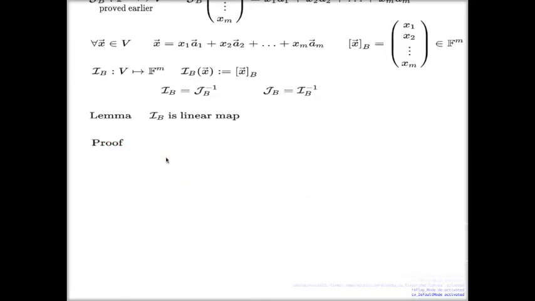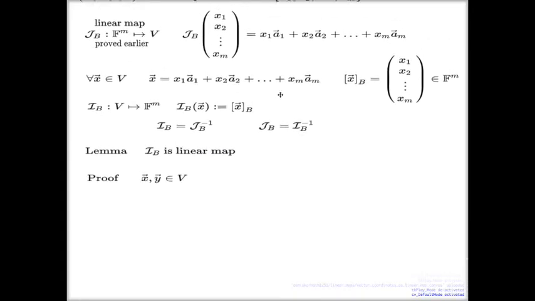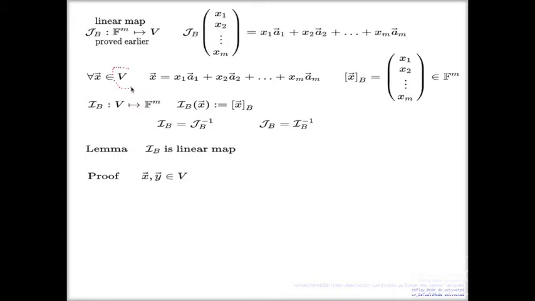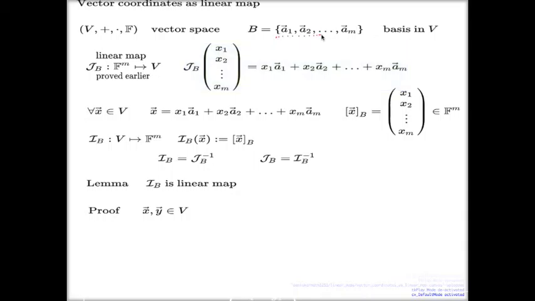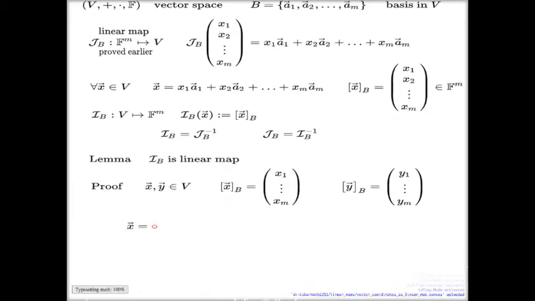Proof. It's the time, 35 minutes. So I'll start off with two vectors, X and Y, in my vector space V. For each of these vectors, I can, in principle, find the representation with respect to my basis B. So for these two vectors, I can find these coordinate vectors with respect to the basis B. What I mean by that is that my vectors admit the following representation.